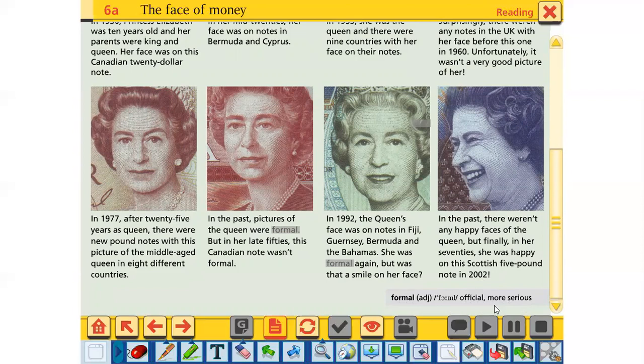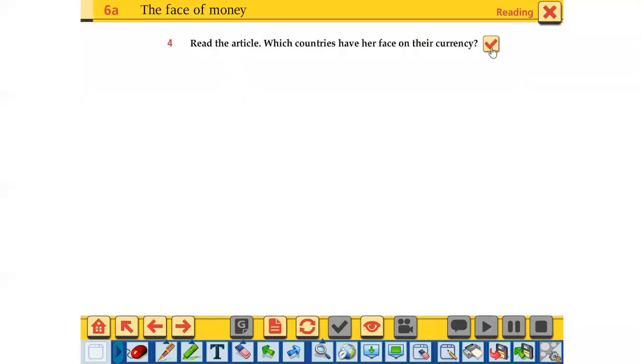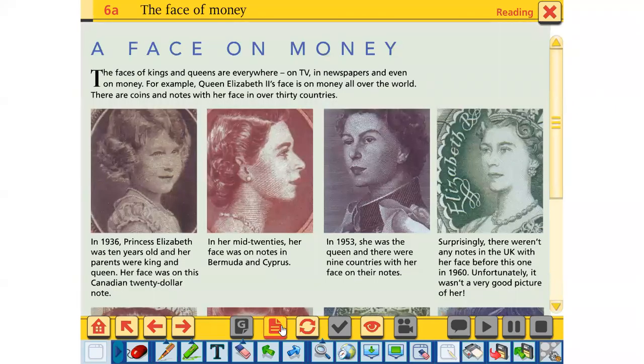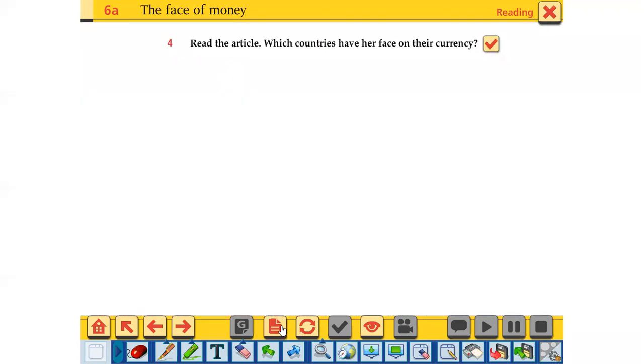Serio, más serio, okay? So here we have to read the article, which countries have her face on their currency. Like we read in the article, there are over 30 countries with her face on their currency, okay?